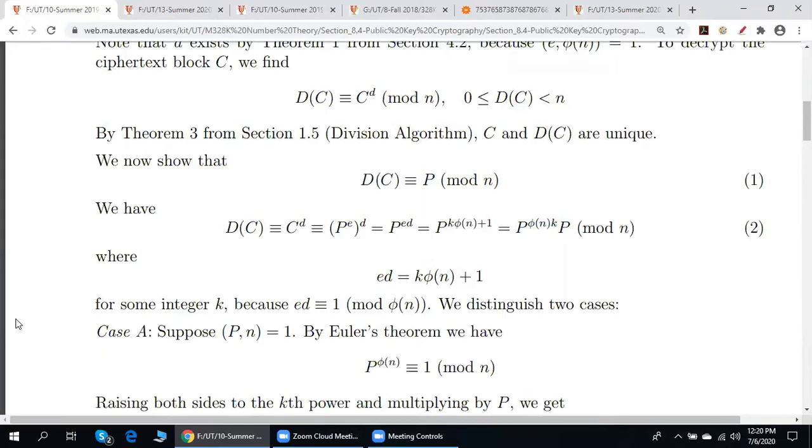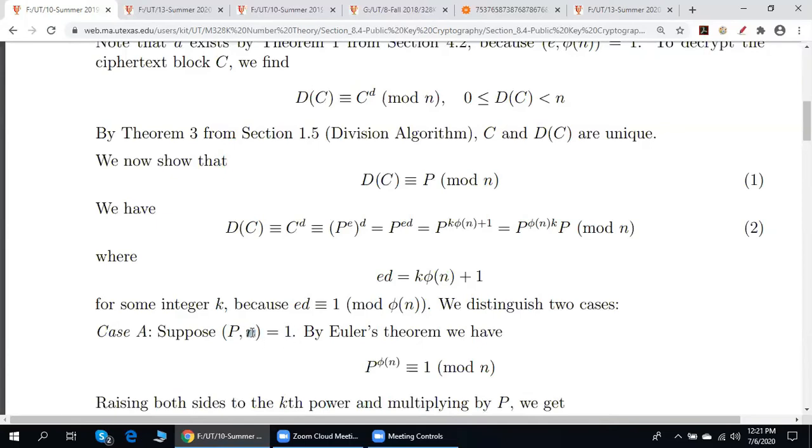Let us consider two cases. Case A: plain text and n are relatively prime numbers. Well, guys, in the overwhelming majority of cases, plain text will be relatively prime with n because p is gigantic. N is even bigger. It's hard to imagine that two gigantic numbers have a common factor.